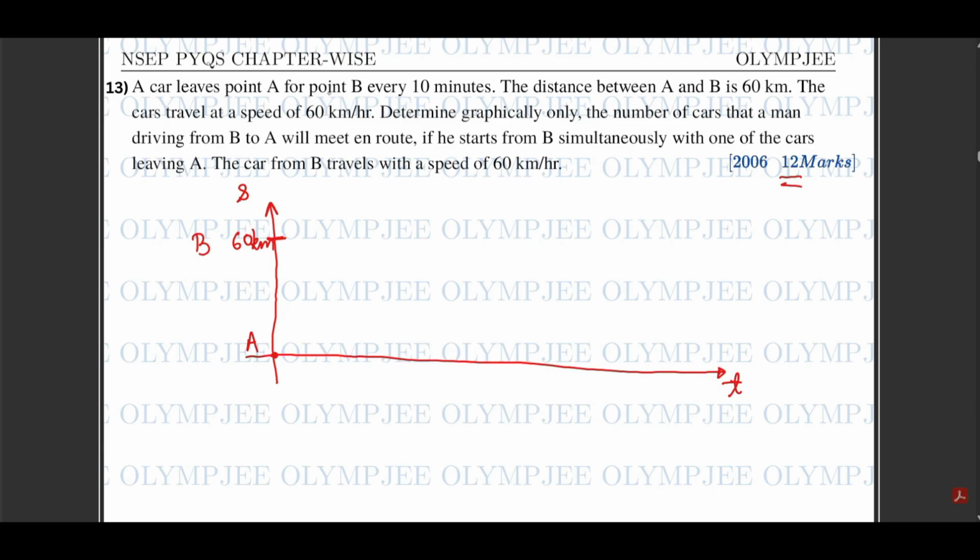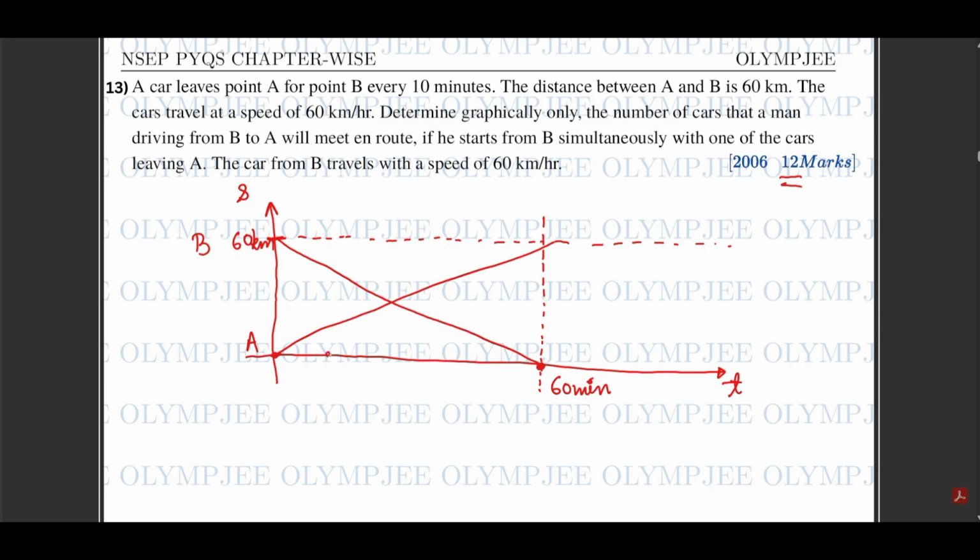So a car leaves point A for point B every 10 minutes and a car is also leaving B simultaneously with one of the cars leaving A. I'm discussing the case which many people think is correct but it is actually wrong. Let's take this as 60 minutes. So the car leaving B will reach point A after 60 minutes. And the car from A is also leaving simultaneously with B. It will reach after 60 minutes.